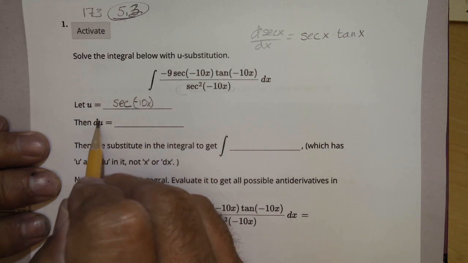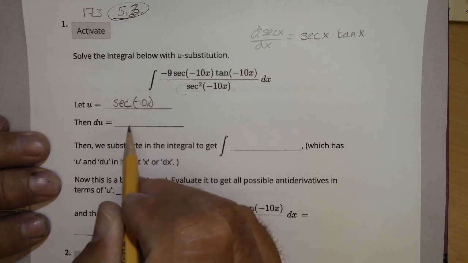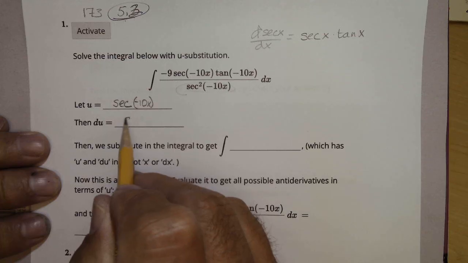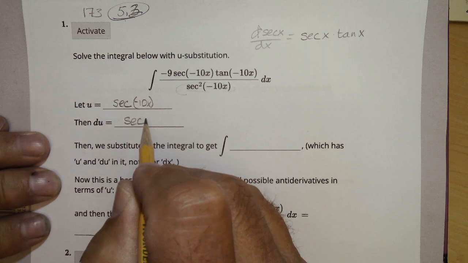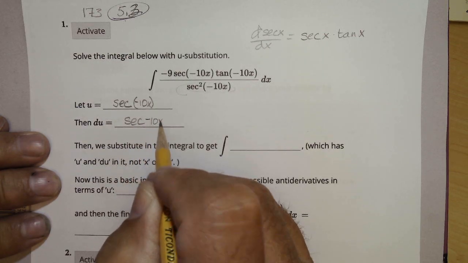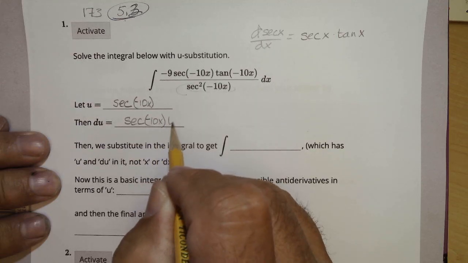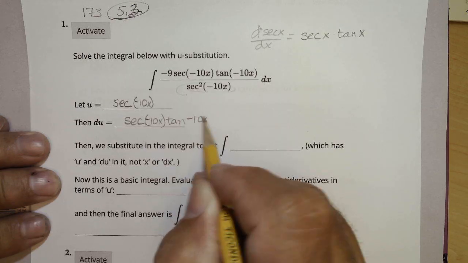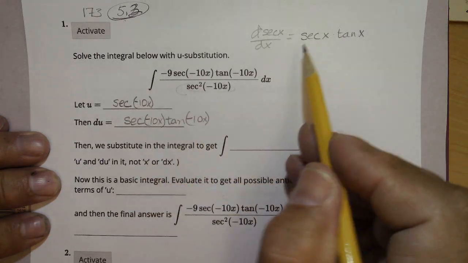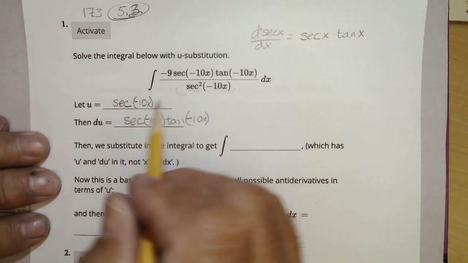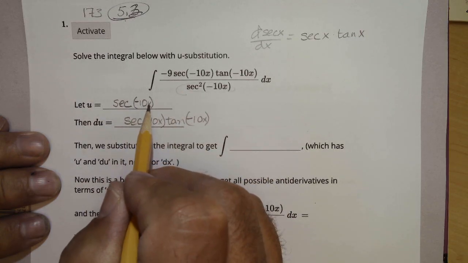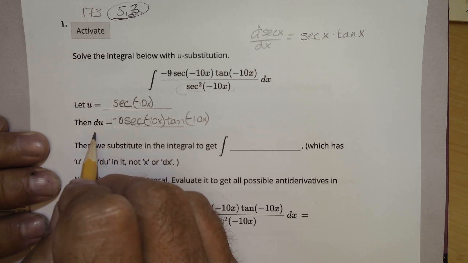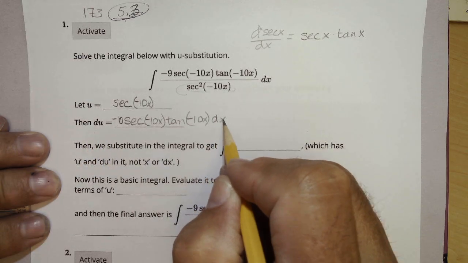Then if I take the derivative of this side, the derivative of secant of something is secant of the something times the tangent of the something. And then the chain rule says I have to take the derivative of the inside, and the derivative of negative 10x is negative 10. That would be du dx, so I'm putting the dx there.